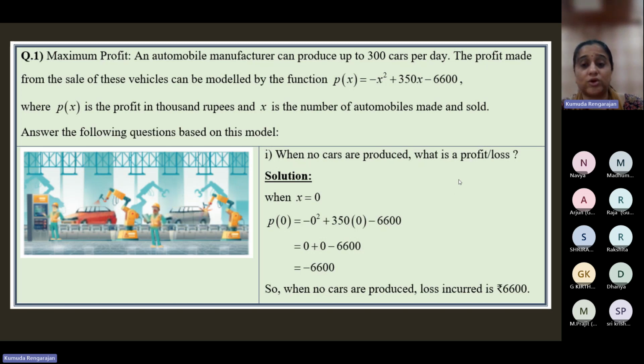That's why you're getting a negative value. You cannot get a positive value here.